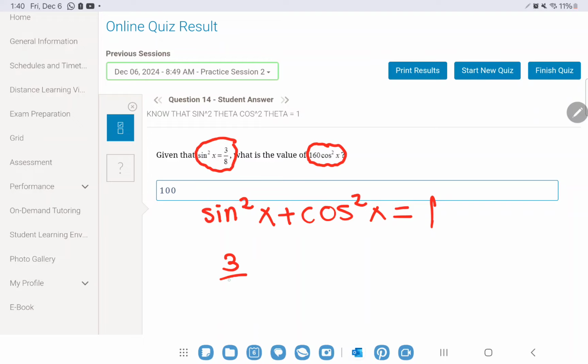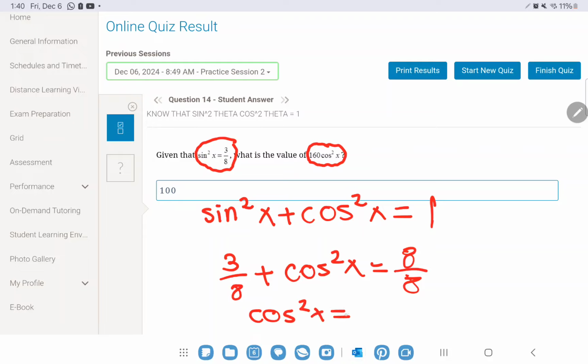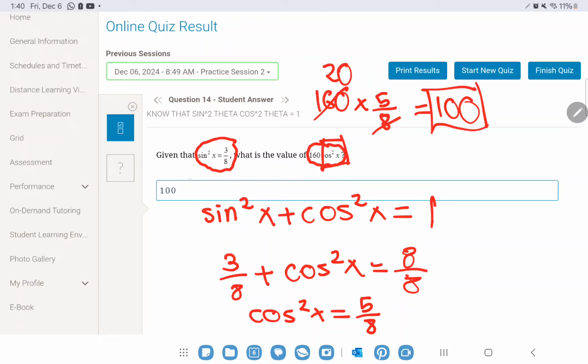Sine squared x is 3 over 8, plus cosine squared x equals 8 over 8. So cosine squared x equals 8 over 8 minus 3 over 8, which is 5 over 8. Easy? So now you replace cosine squared x by 5 over 8. So 160 times 5 over 8. The 8 will go with the 160 and become 20. So 20 times 5 equals 100. That's how you solve it.